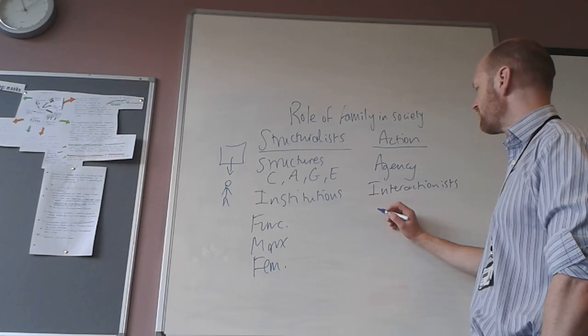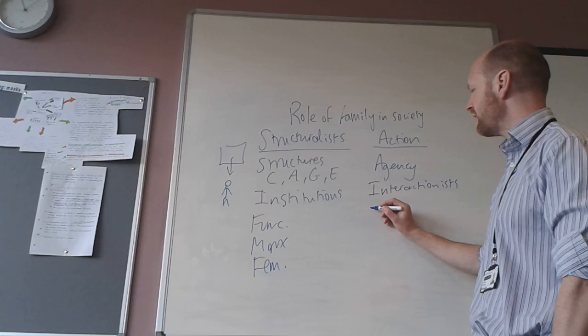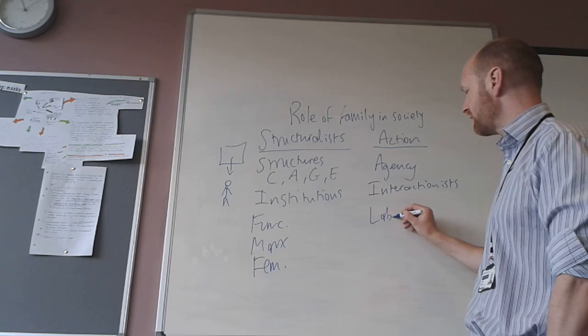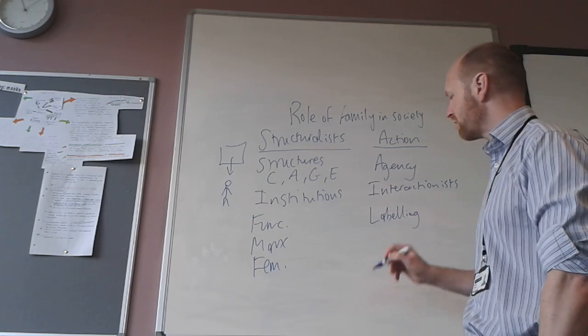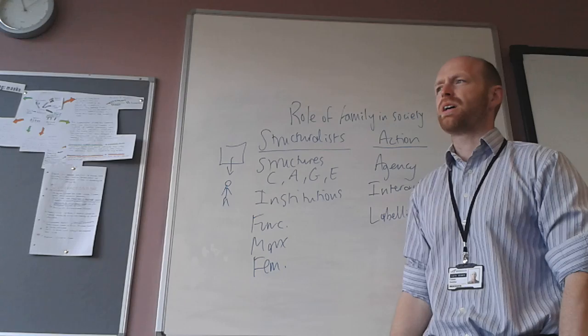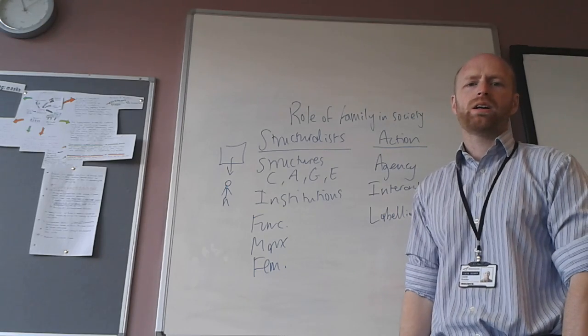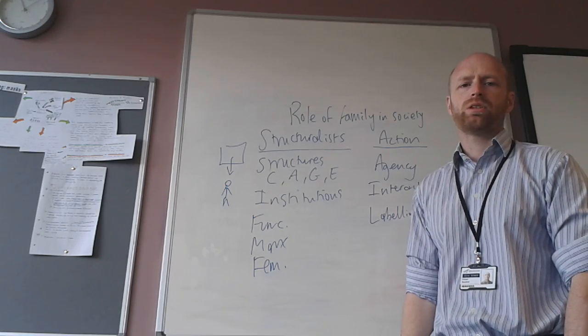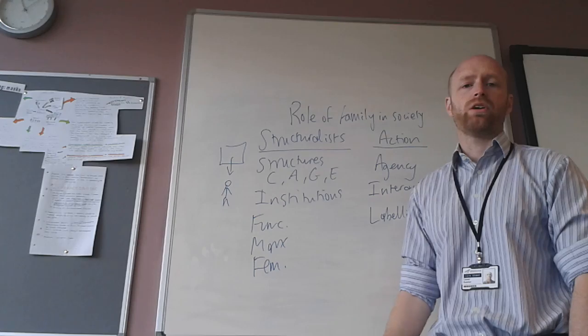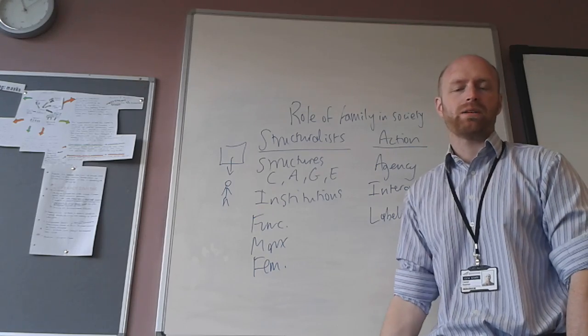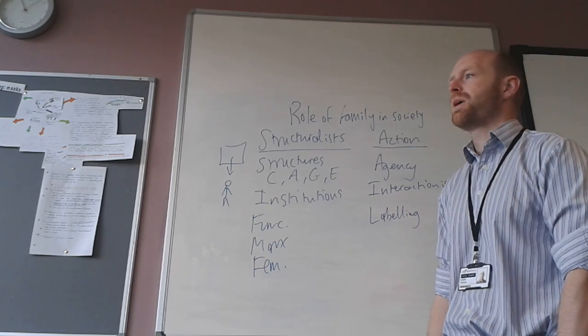The interactionists also have the idea of issues like labelling. So, the idea that we're controlled by and influenced by labels that are applied to us. They can be positive labels like a good father, or negative labels like a bad mother or a bad son.